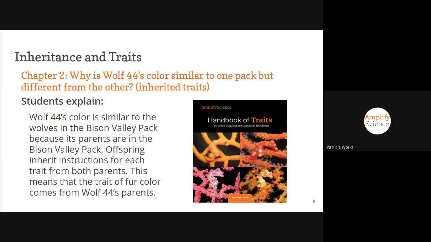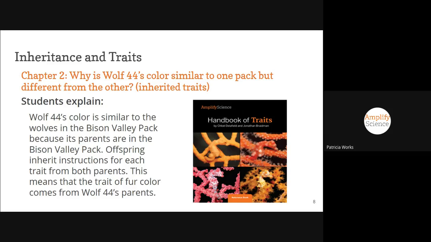In Chapter 2, students discover that organisms get instructions for traits from their two parents, and they come to realize that this is why organisms have similar traits to their parents. In this chapter, students collect evidence from reading and discussing patterns between parents and offspring in Handbook of Traits.